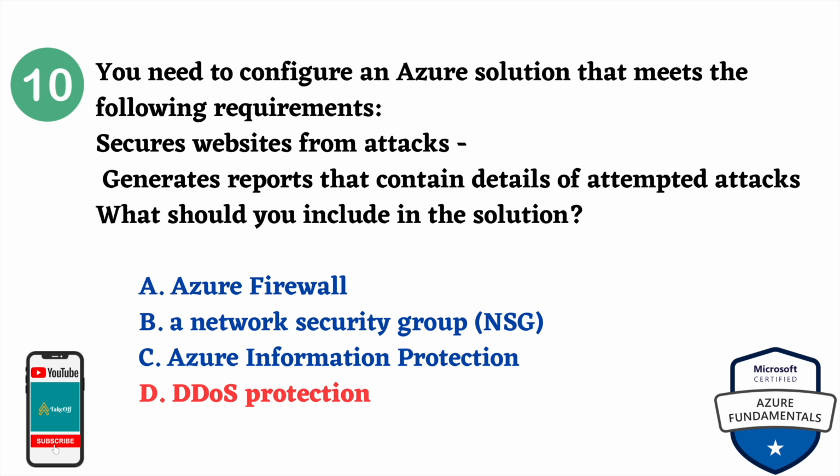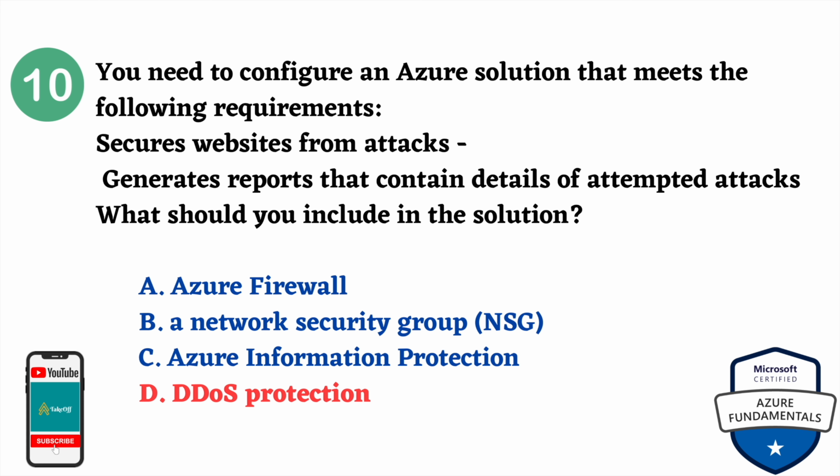These attacks can be mitigated by using DDoS protection, and it comes with two offerings. One is basic, the other one is standard. Both help in securing your websites from these kinds of attacks, but standard has more advantages when compared with basic.